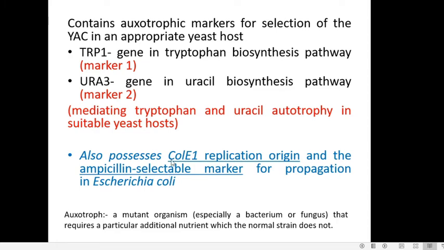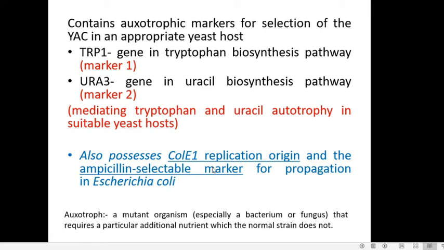Whereas they also have to act as vectors in E. coli cells, for which they have a ColE1 ORI, and they also contain an ampicillin resistance gene, because these markers will not work in an E. coli cell. They are suited to yeast cells.